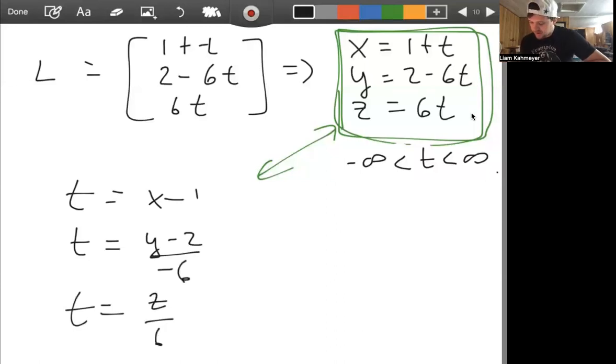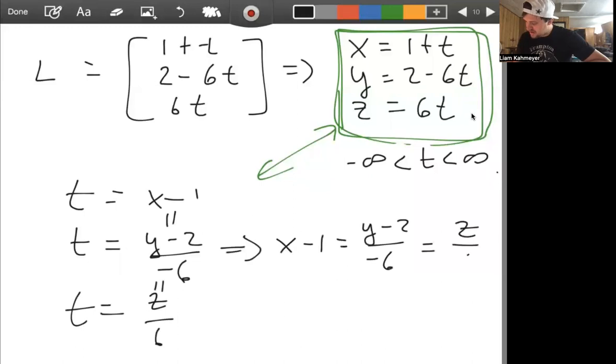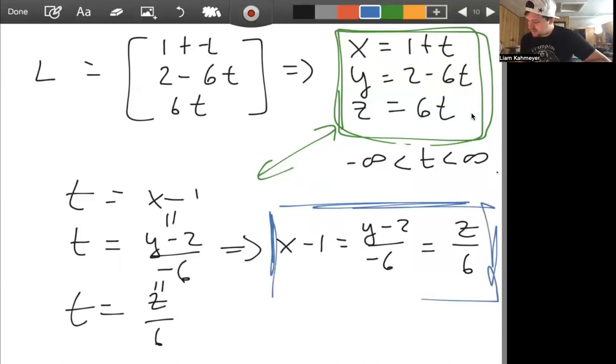Well, by the transitivity of equality, we could get a chain of equalities. It says x minus 1 equals (y minus 2) over -6 equals z over 6. So the points (x, y, z) that satisfy this chain of equalities here also describe the line L. And we call this the symmetric form.